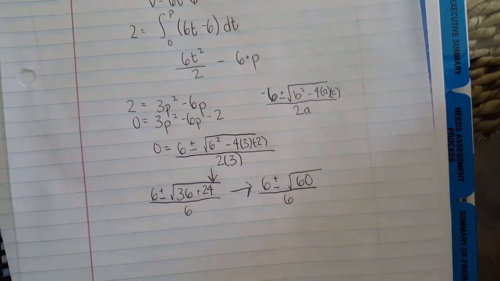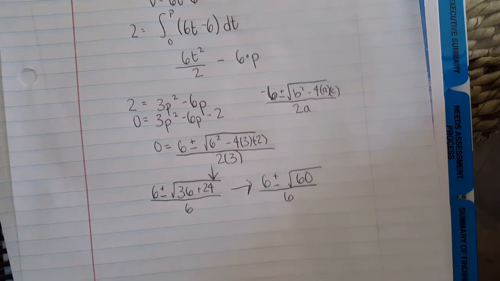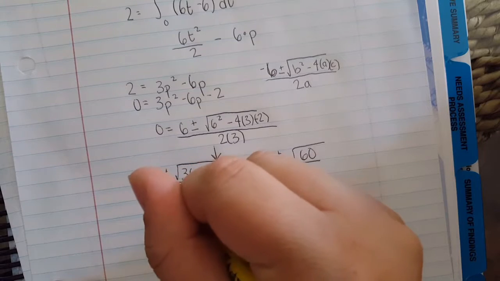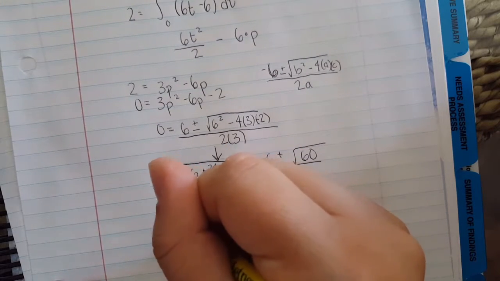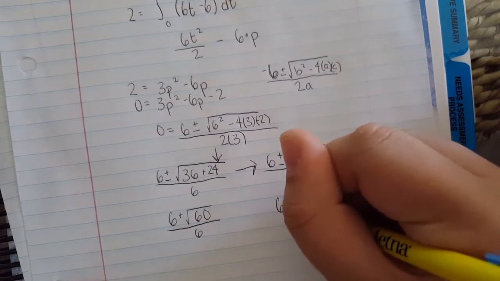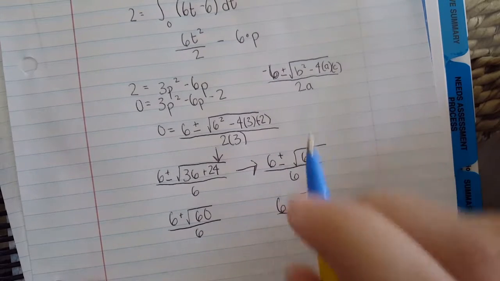And now we're going to change this into two separate equations so we can get those p-values. So we need one for addition, 6 plus the square root of 60 divided by 6, and 6 minus the square root of 60 divided by 6.